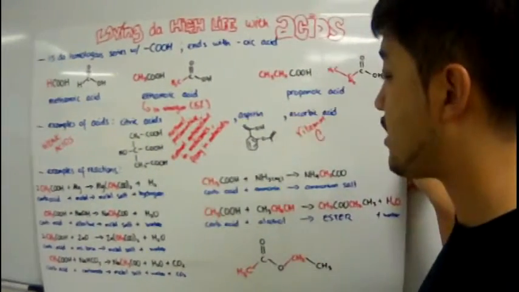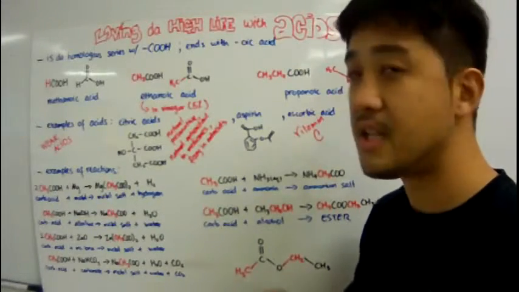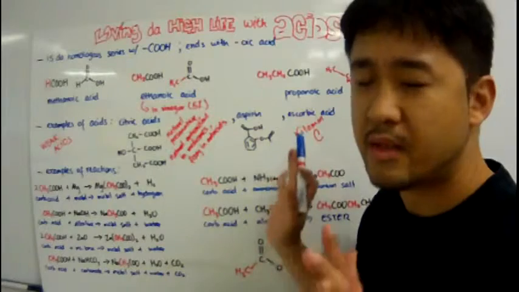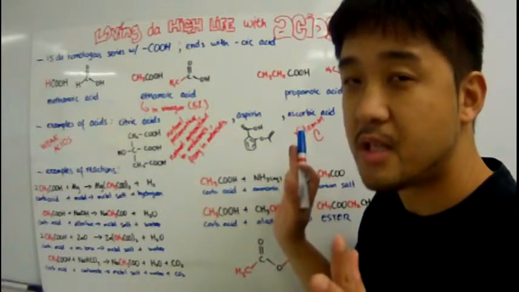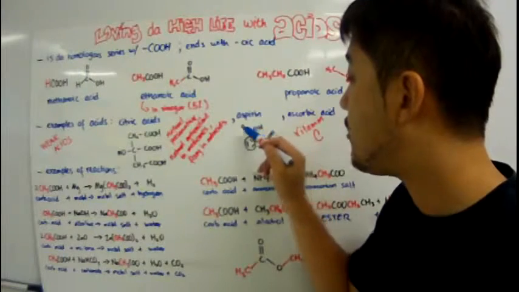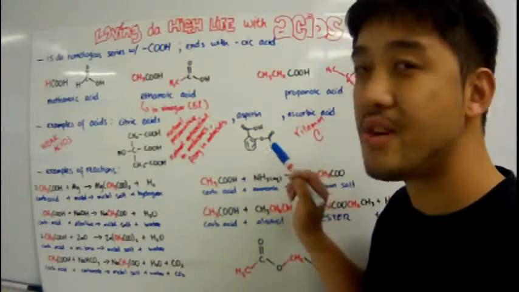Okay, another synthetic type of carboxylic acid is aspirin, noted by this benzene group, which we never talked about, but we'll maybe talk about it in class, that is attached to the carboxylic group. This looks like a carboxylic acid, but it really isn't.